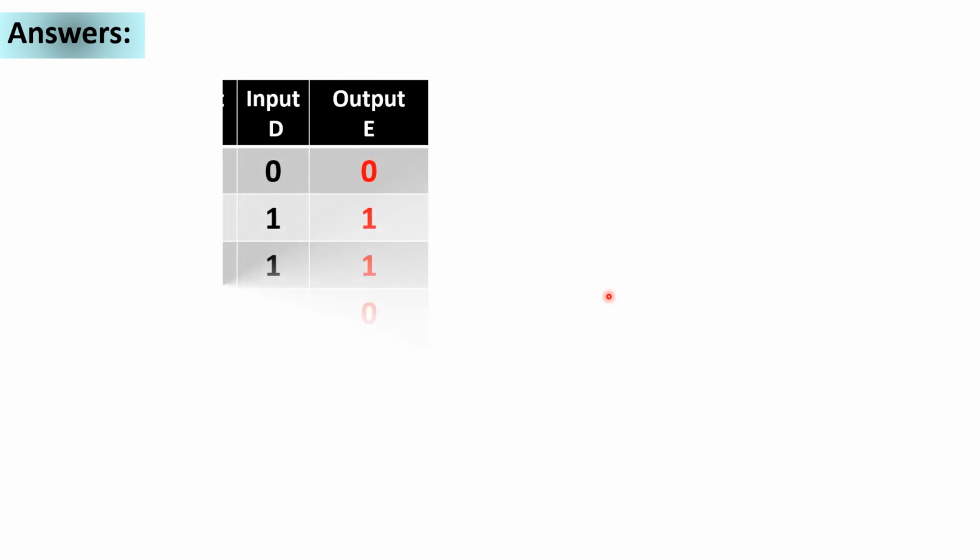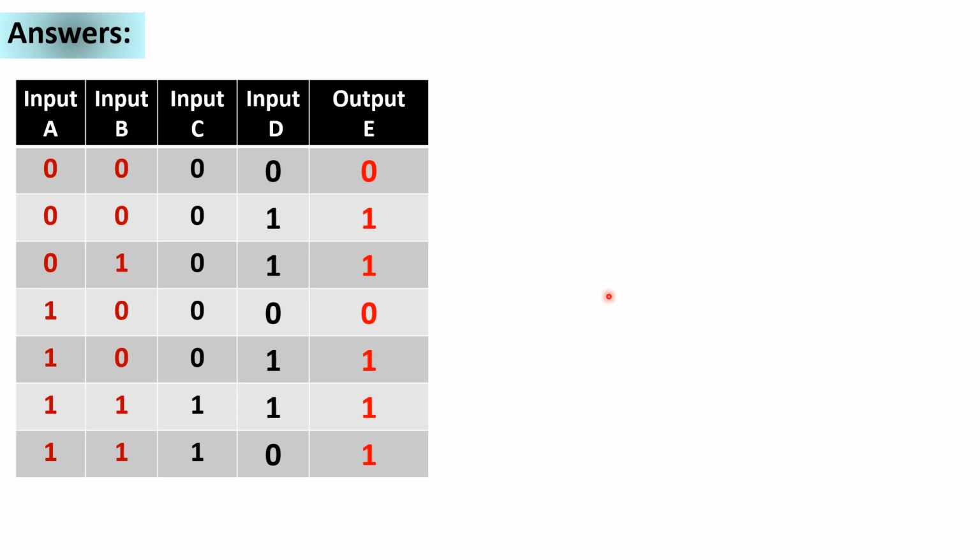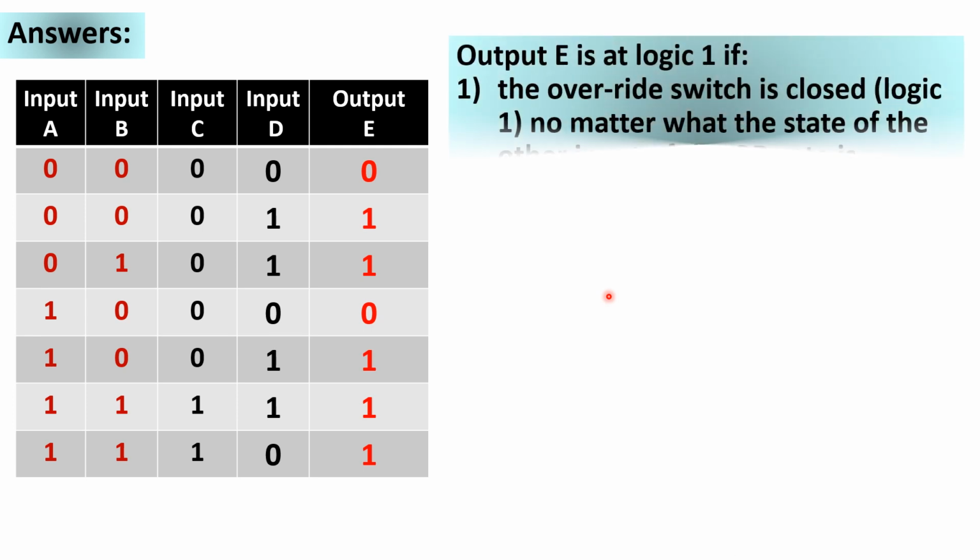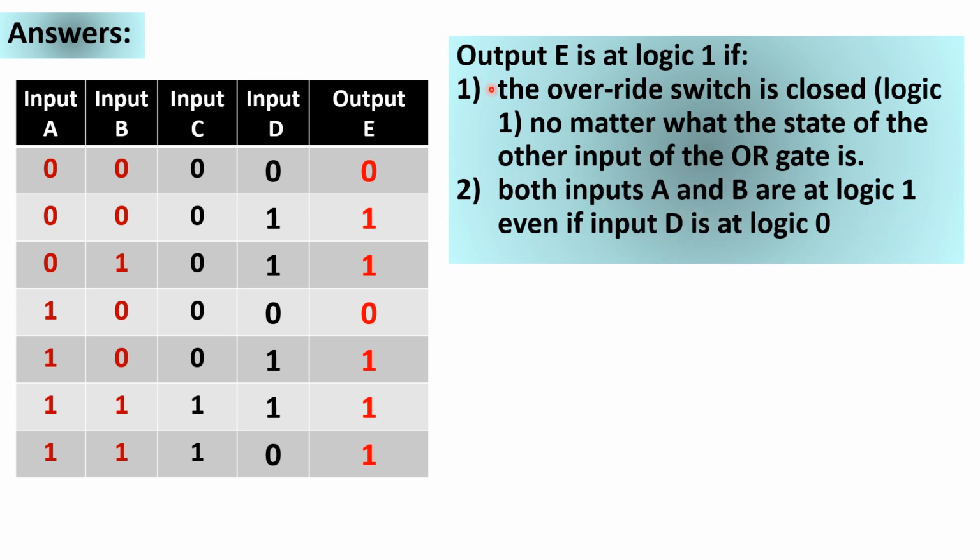Alright, so for our detailed answers, we have the truth table, and based on this truth table, we can say that output E is at logic 1 if, number 1, the override switch is closed, meaning at logic 1, no matter what the state of the other input to the OR gate is.